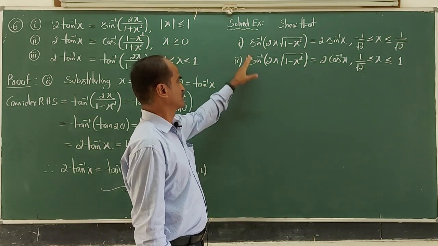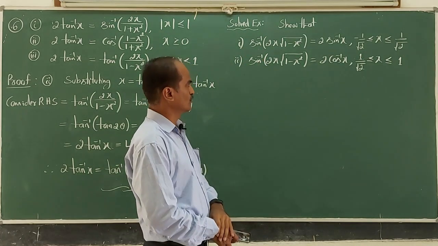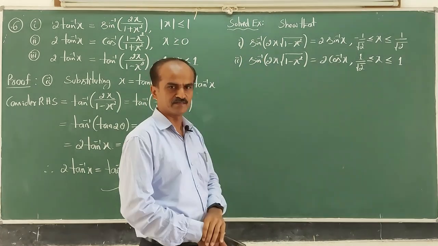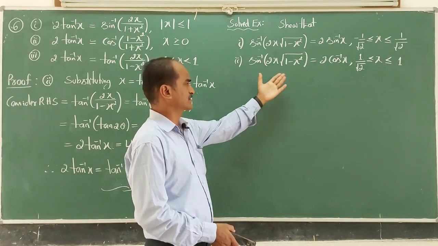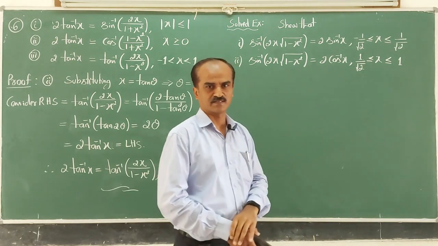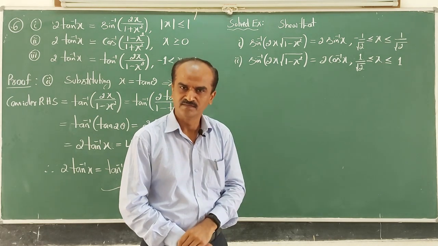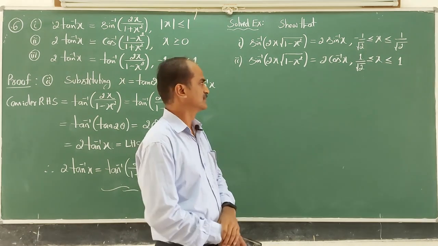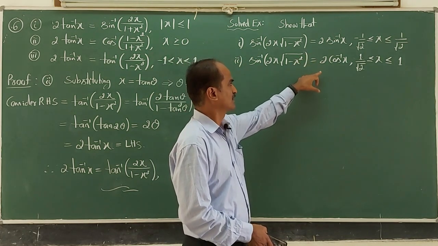First one is, show that sine inverse of 2x times root 1 minus x square equals 2 sine inverse x. Again, show that sine inverse of 2x into root 1 minus x square equals 2 cos inverse x. Maybe some of you feel that as their LHS are the same, the RHS must also be the same.